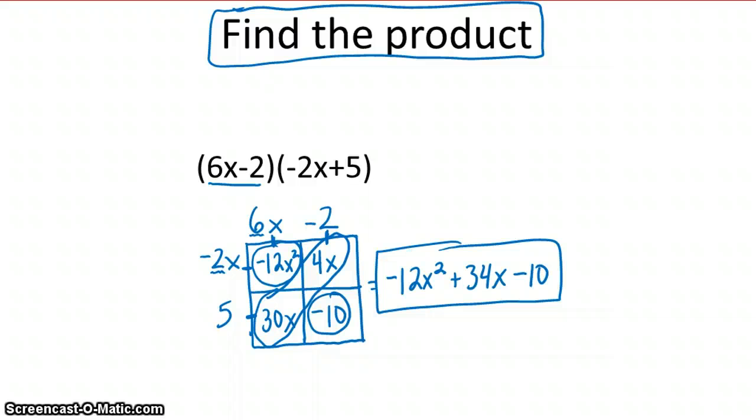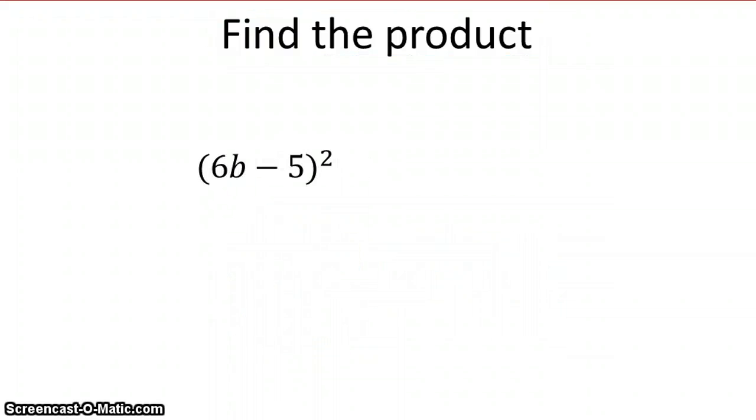Okay, we're going to do one final example together here, or more so on your own, but first I'm going to introduce one new concept. Sometimes you'll see a single binomial, like in this case 6b minus 5, but it's going to be to a power. So this is saying do 6b minus 5 quantity squared. Now when we square something, for example, if I tell you to do 3 squared, so let's do a side example.